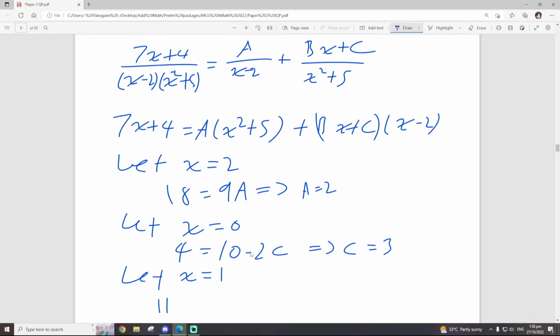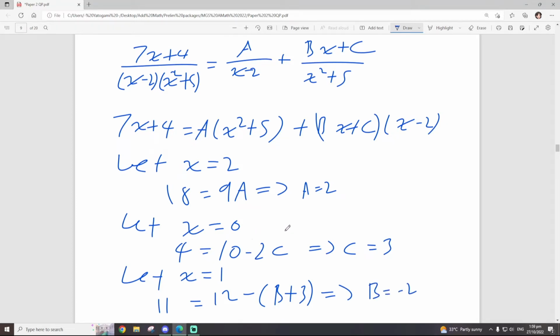I'll get 11 equals 12 plus b plus 3 times minus 1. So actually minus b plus 3. And this implies that b is negative 2.